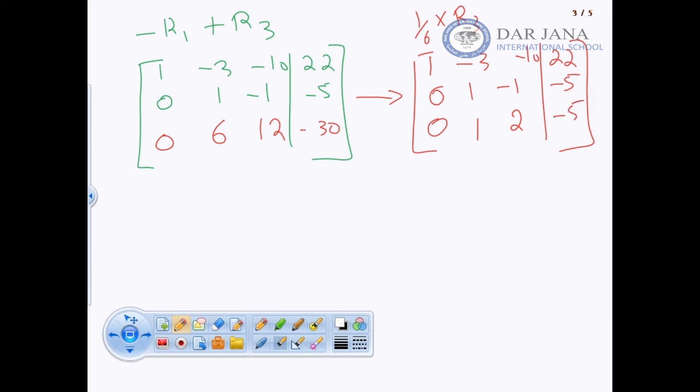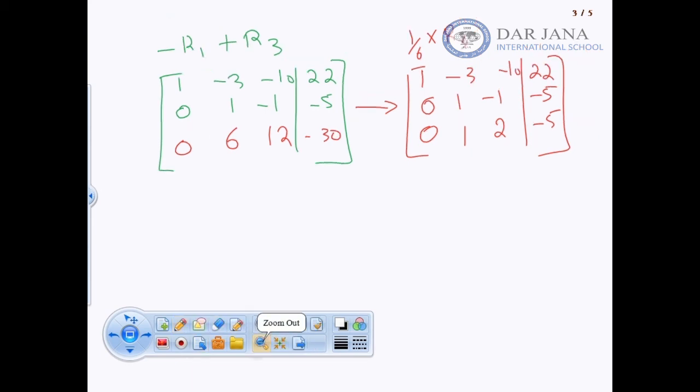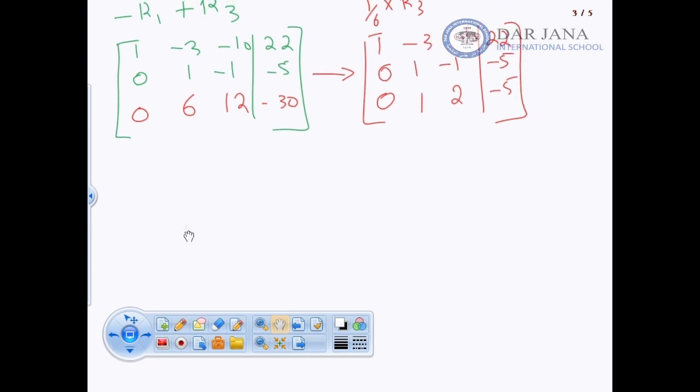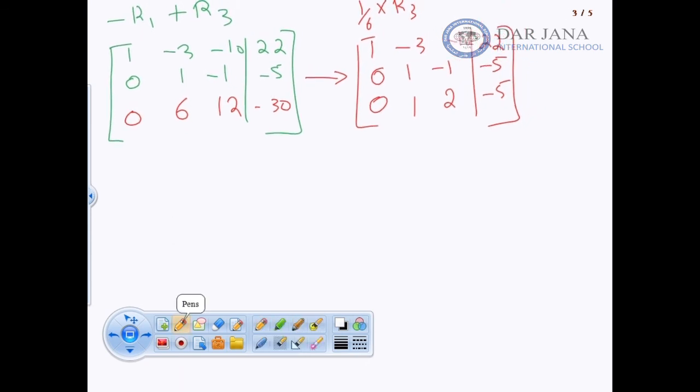Okay. Second process. I'm going to multiply R2 by negative 1 and then we'll add it to R3. Just look here.